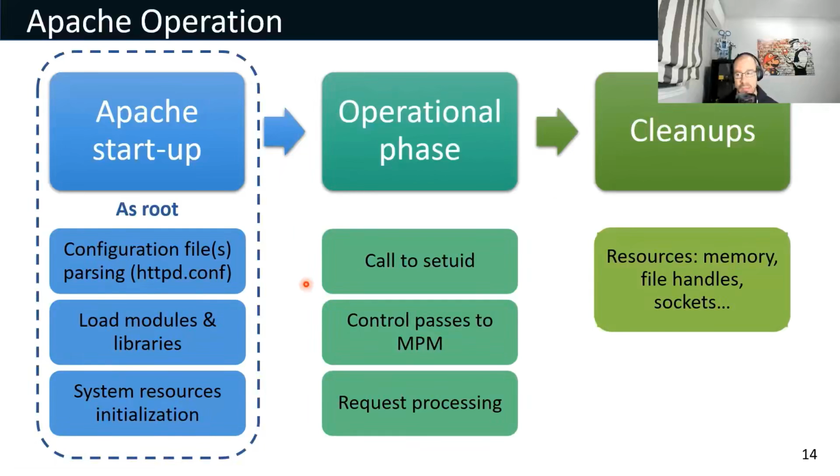In this phase, the first thing that Apache does is to call setuid in order to change to a regular user. And it also includes the request processing itself. And the third one is the cleanup phase. In this last stage, Apache releases all the resources, including memory, file handles, or the sockets.